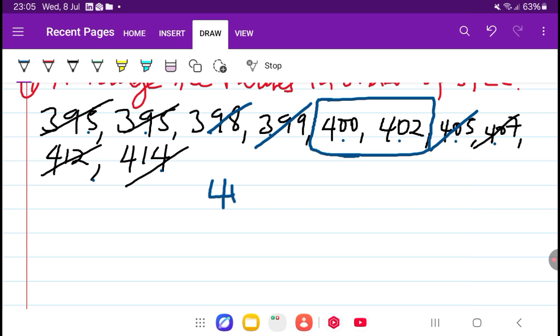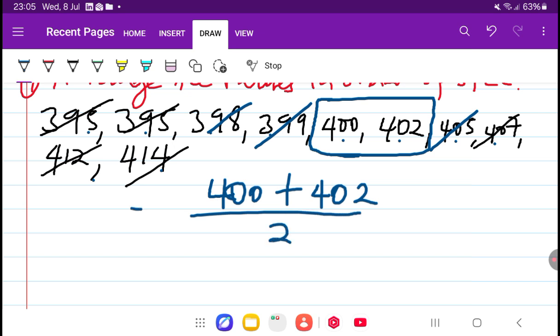So it is 400 plus 402 divided by 2. That will give you your median. So once you add those two values and then you divide by 2, you'll get 401.